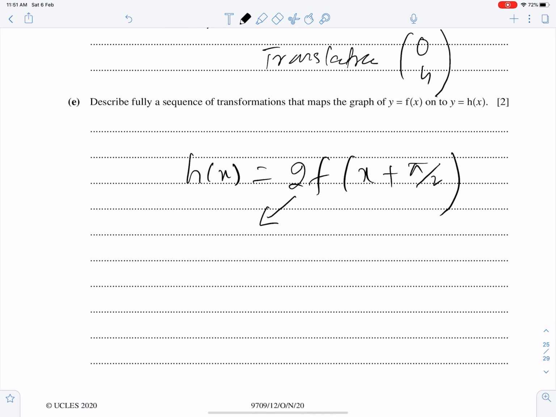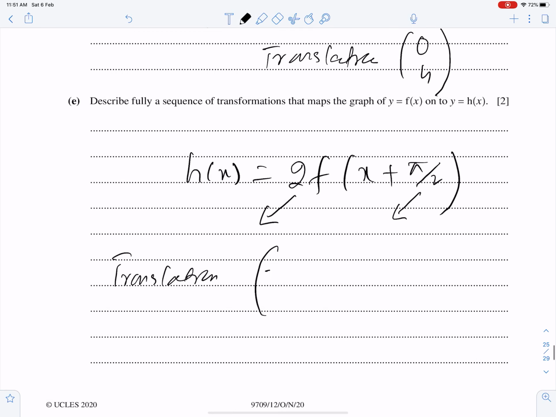So this means vertical stretch factor 2, and this means translation. So you can write translation vector minus pi by 2, 0, and then vertical stretch factor 2.